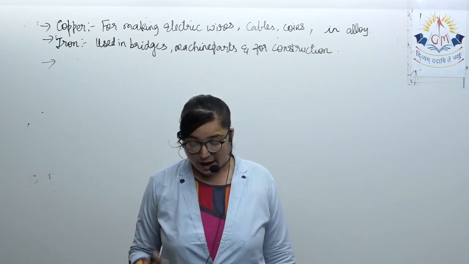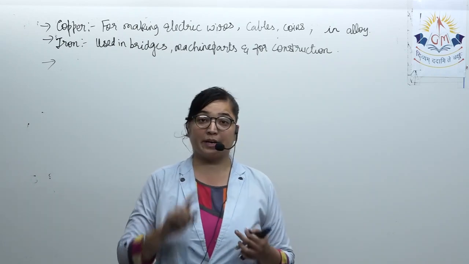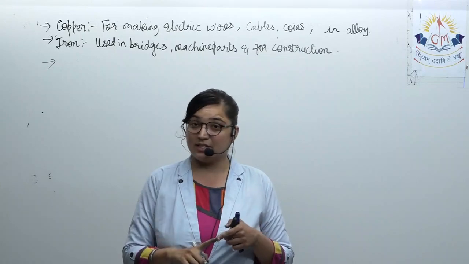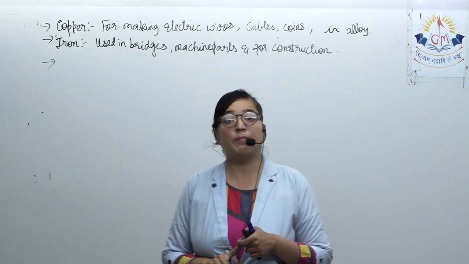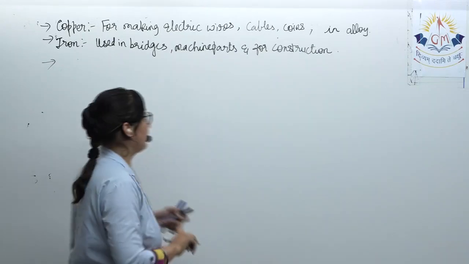Next, aluminium. Aluminium is used for making domestic utensils, alloys, and for packing food material.